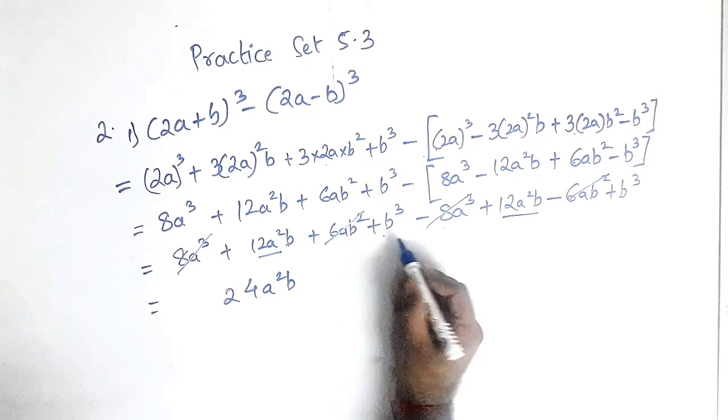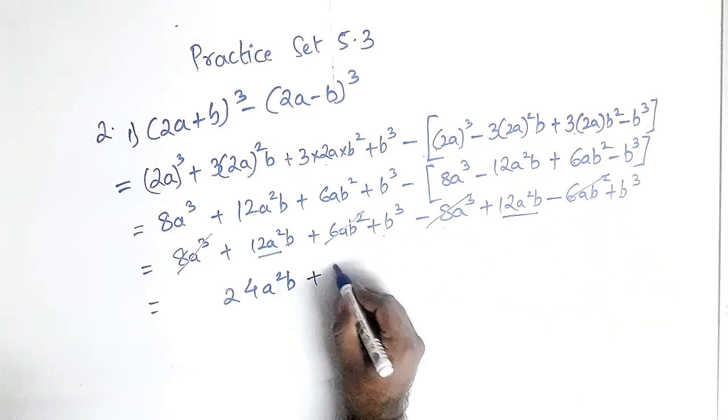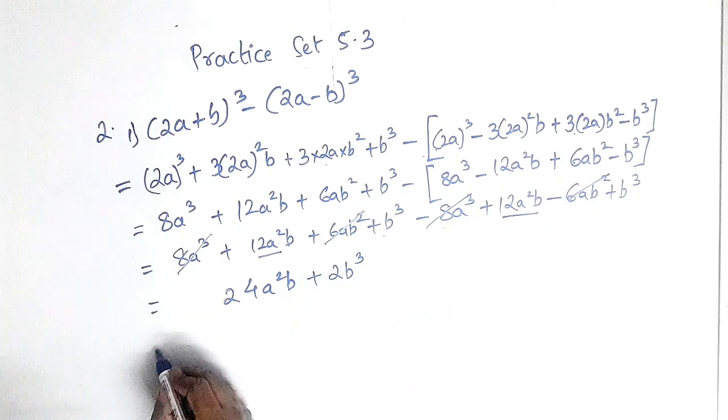And plus b cube becomes plus 2b cube. Correct? Now, is there anything that we can take common here? Yes, we can take 2b common, but for the time being you can keep it as it is. So 24a square b plus 2b cube is your final answer.